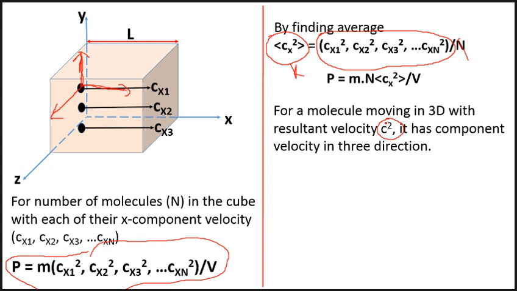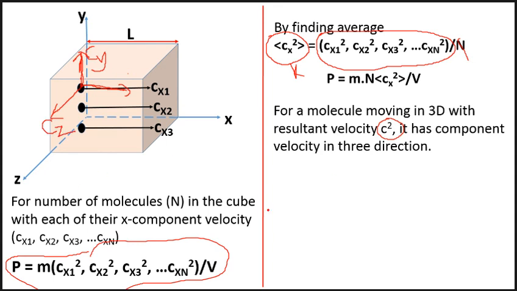That resultant velocity is gotten from its component velocities in the 3 directions: cx, then cy, then cz.